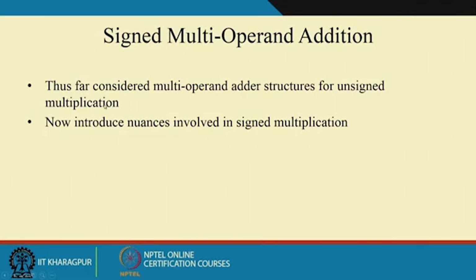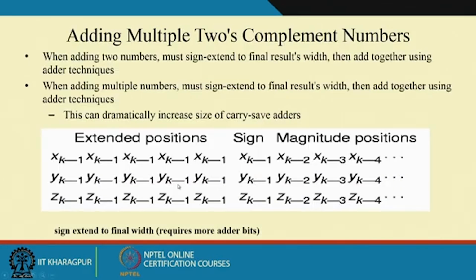Thus far we have considered only the data structure used for unsigned multiplication. Now we will review what changes whenever we do signed multiplication. In unsigned multiplication, we do not have to bother about the sign. But in signed multiplication, we have to extend the sign.